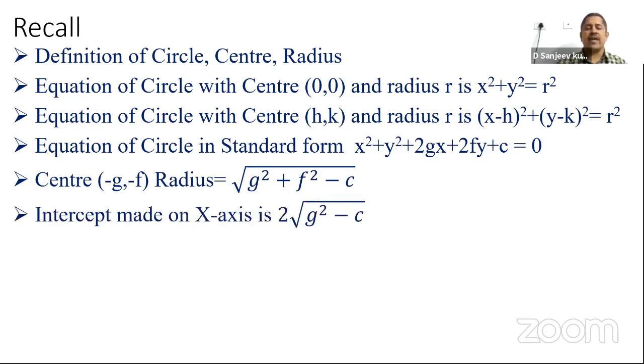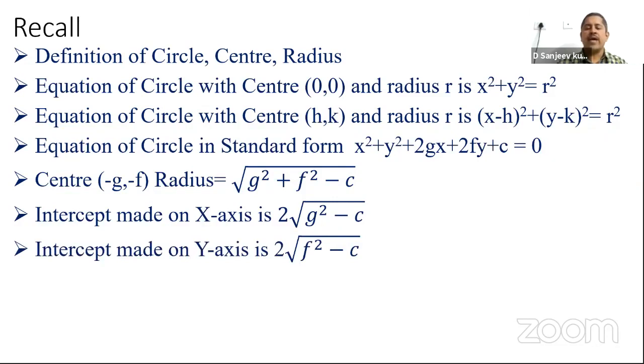Then we discussed the x-intercept, 2 times square root of g square minus c, and the y-intercept, 2 times square root of f square minus c. Then we discussed concentric circles: circles having the same center but different radii are called concentric circles.